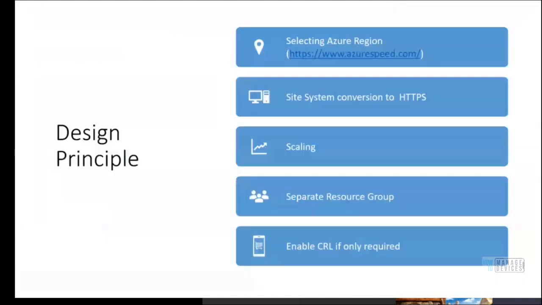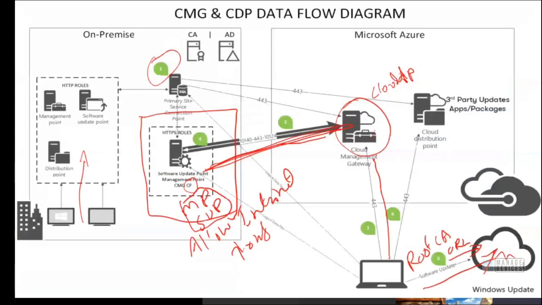Let's go back to the diagram here. The service connection point will be here, on the primary site. The service connection point is used only during the deployment of the cloud management gateway, or if you make any configuration changes to it. The remaining connections happen via the CMG connection point and the cloud management gateway.